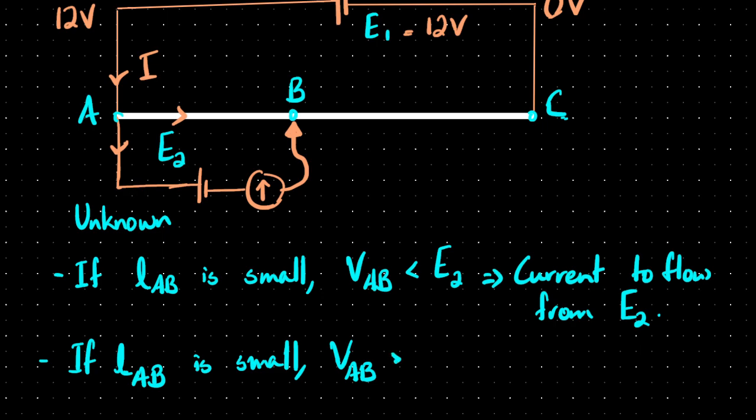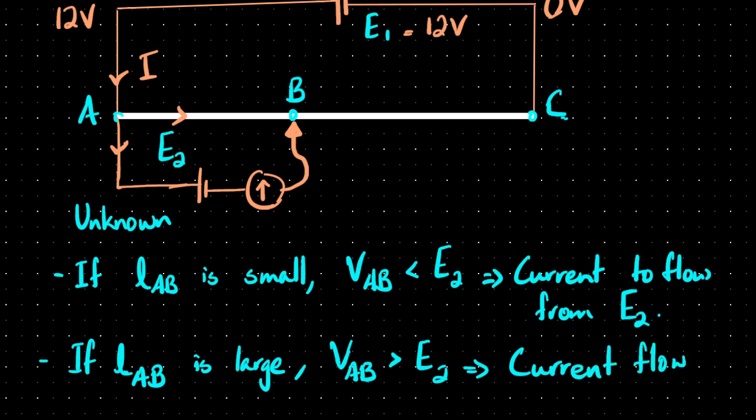So if the length is large, then the voltage across AB would be greater than E2, so current would now flow into E2.